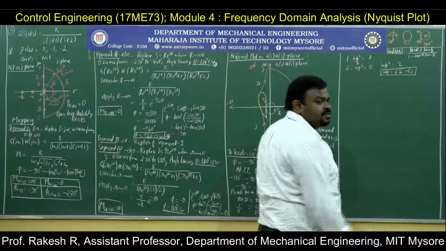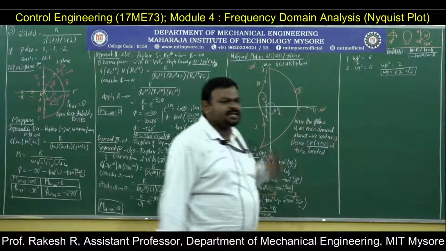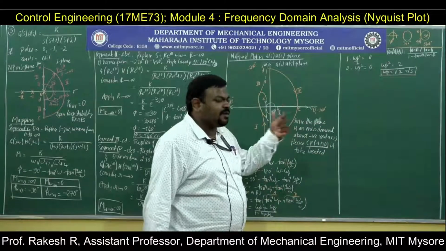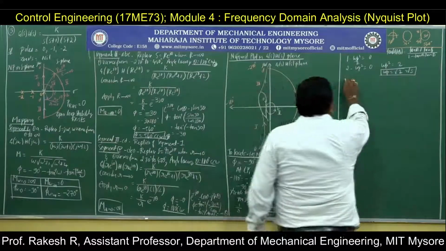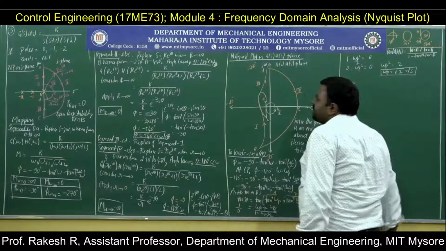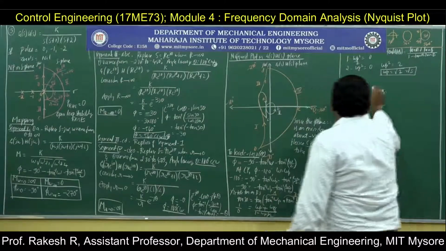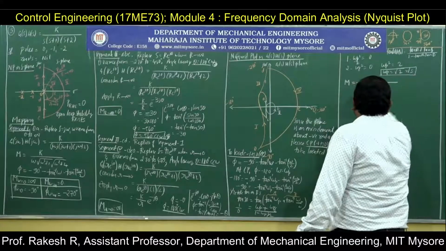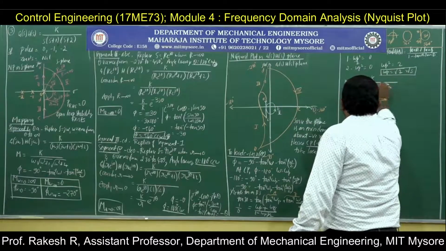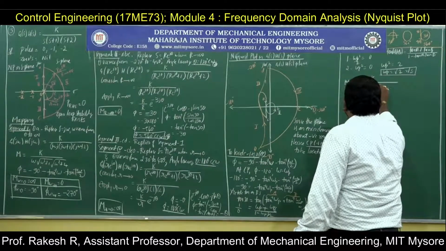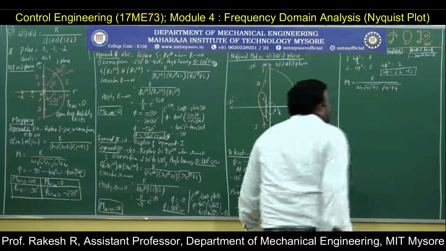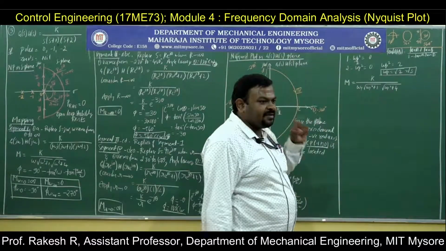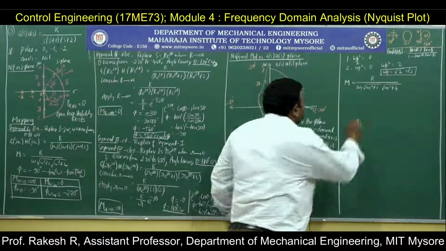After this it is basic trigonometry, the same as how you solved the first problem. But there is a variation here. What is the magnitude here? The magnitude is k divided by omega p into square root of omega p square plus 1 into square root of omega p square plus 4. You calculate the magnitude at the phase crossover point.